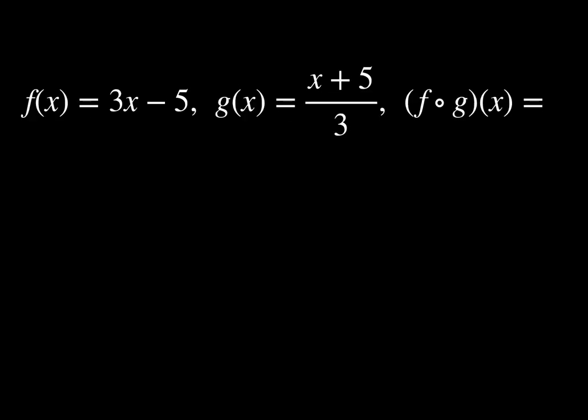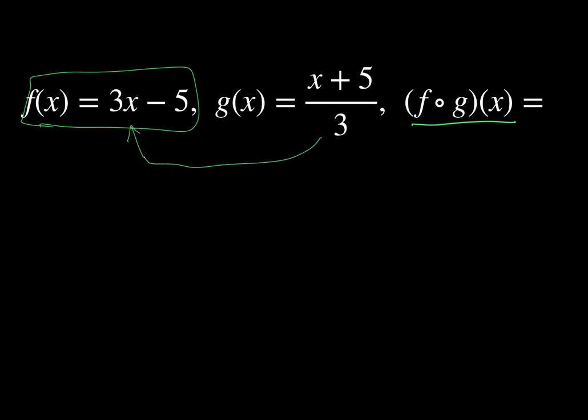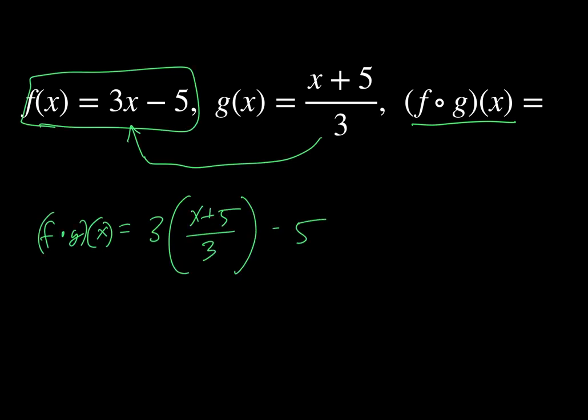When it gets a little bit bigger, it usually just means more steps. So f of g of x: the f of x function is the one I'm starting with, and the x is going to be replaced with the g of x function. So f of g of x will be 3 times x plus 5 over 3, minus 5.